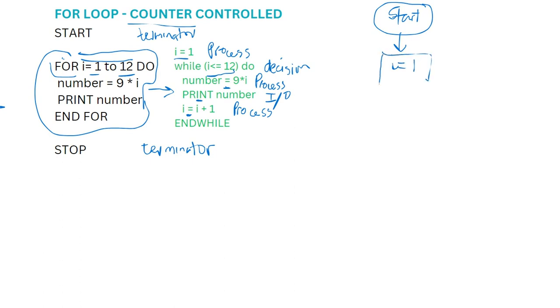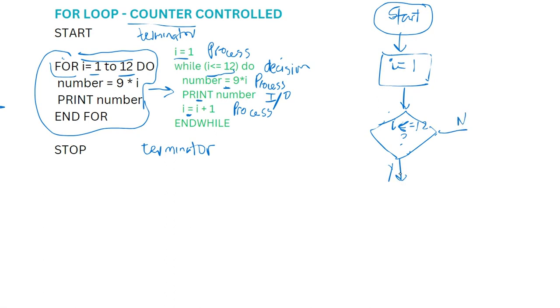That goes in a rectangle. Then we have a decision, which is asking: is I less than or equal to 12? That's a question. If it's yes, we go inside the loop. If it is no, we go outside the loop.